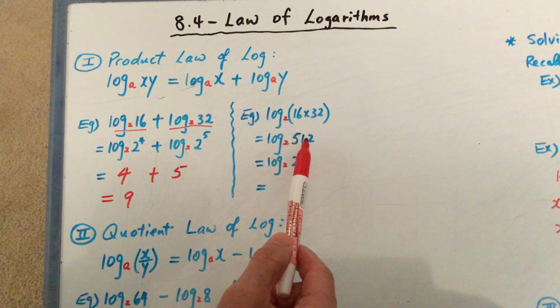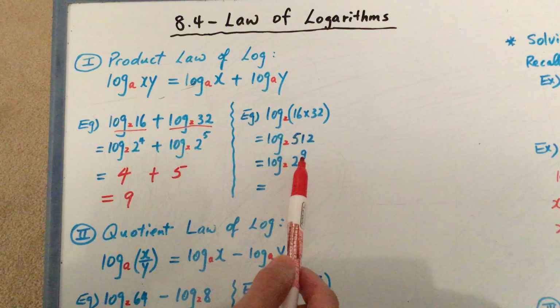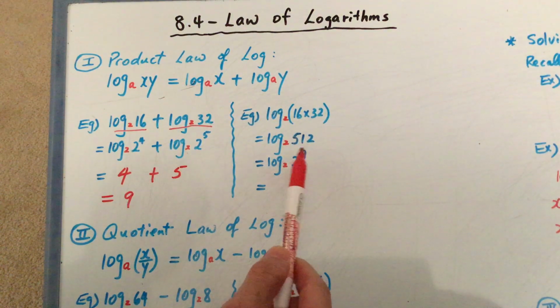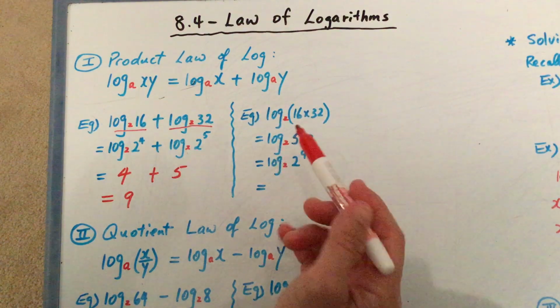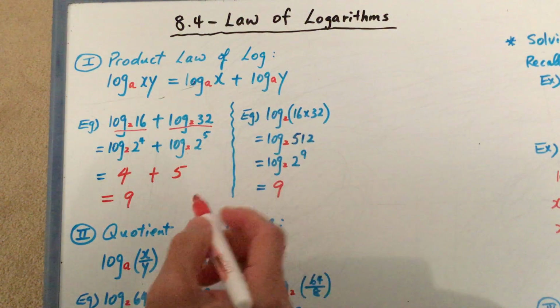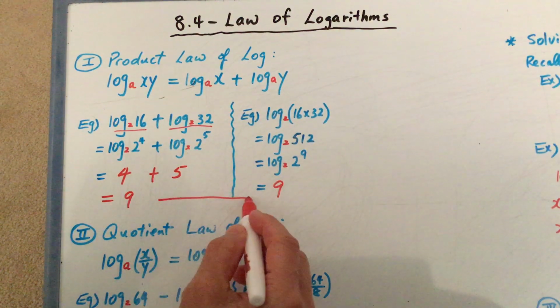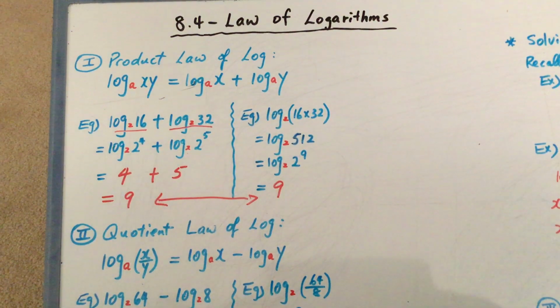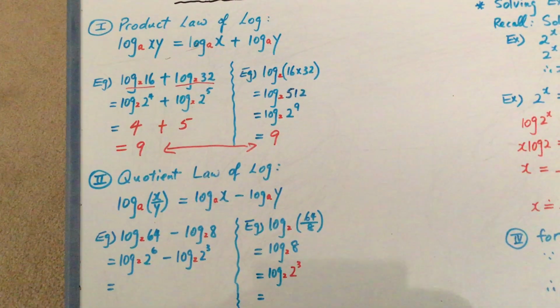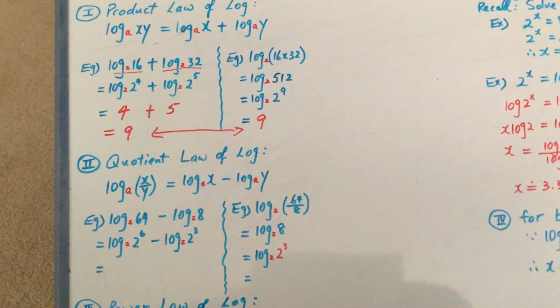And 512 is equivalent to 2 to the power of 9. So when you convert that into log 2 of 2 to the 9, your answer is going to be equal to 9, which is the same as what we have here. Okay, so this is a good example to verify that the law works.